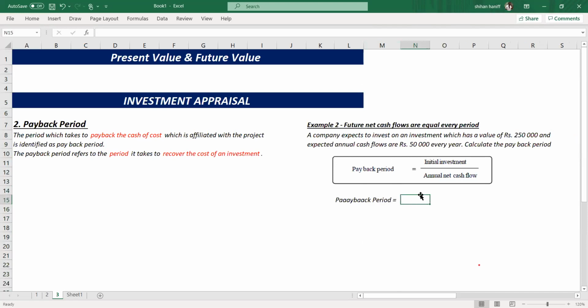So initial investment is 250,000 divided by annual cash flow, 50,000.